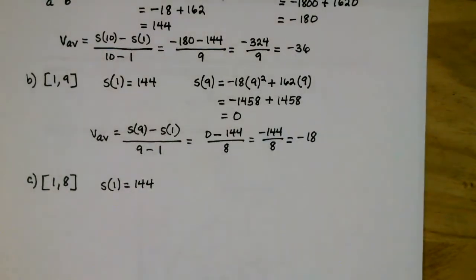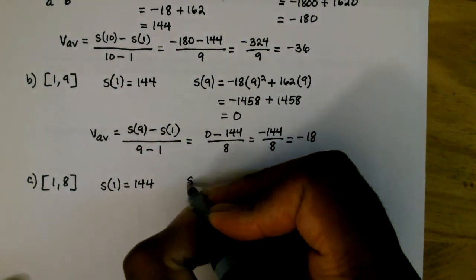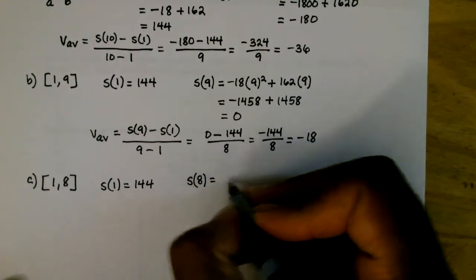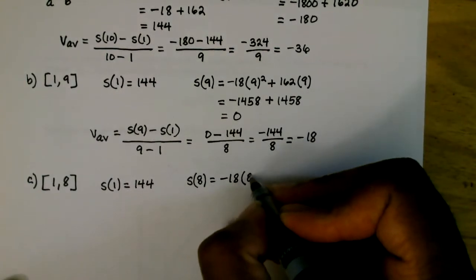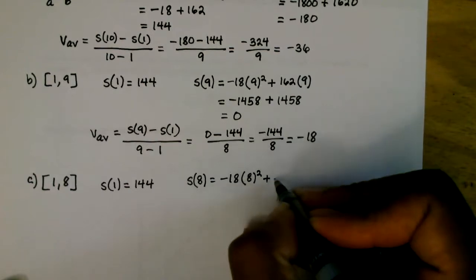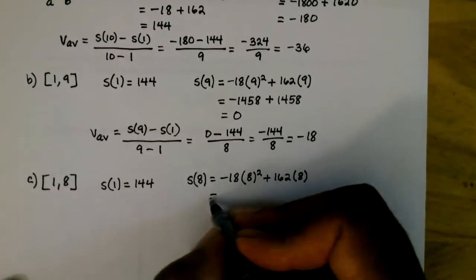So we don't have to use that formula again to substitute your t with 1. But we need to know what S of 8 is going to be equal to using that S of t formula. So that means we're going to have negative 18 times, this time t will be 8, and that's squared, plus 162 times t again would be 8.